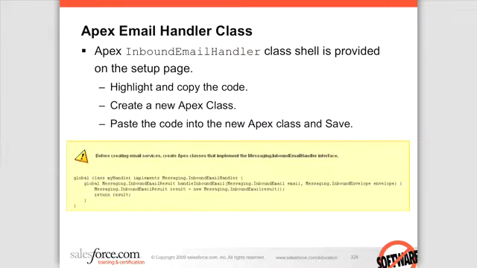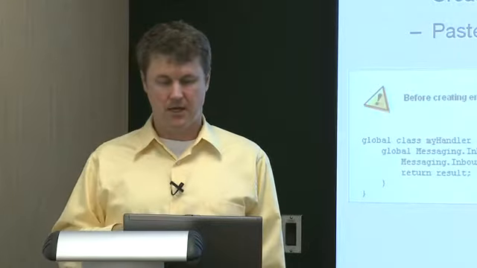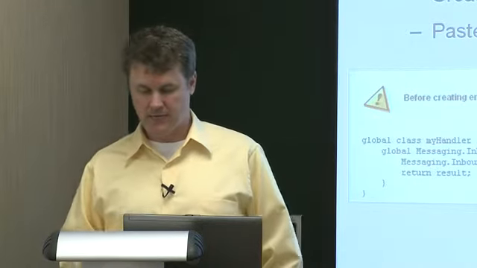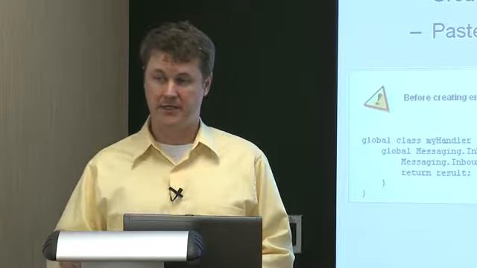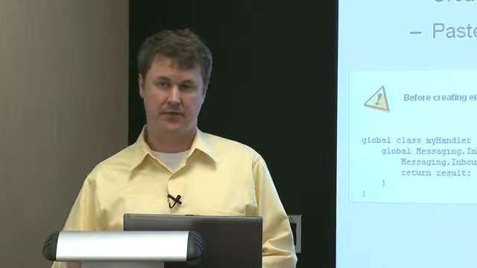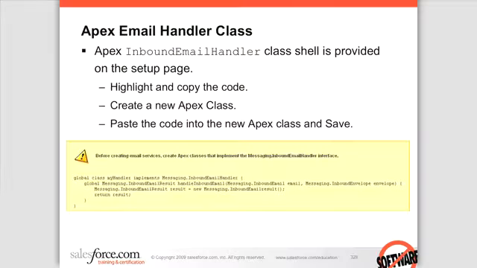We'll also take a look at the inbound email handler interface. Any class that we create that is implementing our email service is going to need to implement this interface, and specifically there's a single method called handleInboundEmail that will be called upon receiving the email.